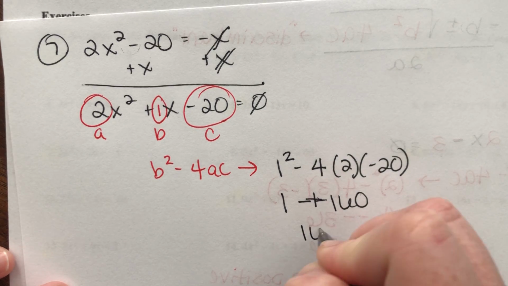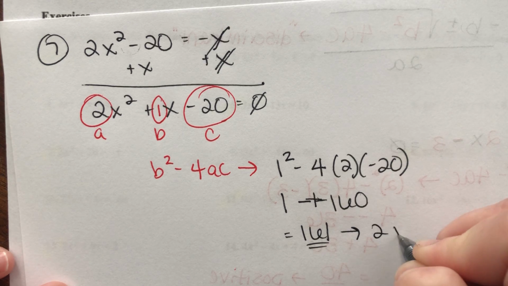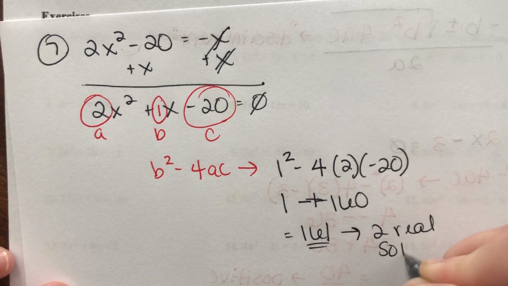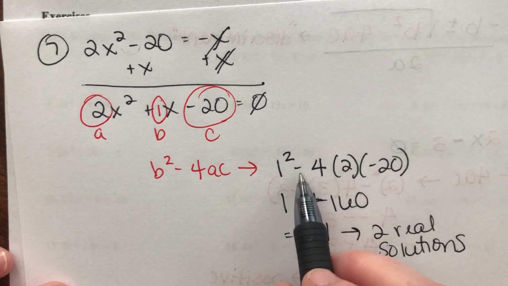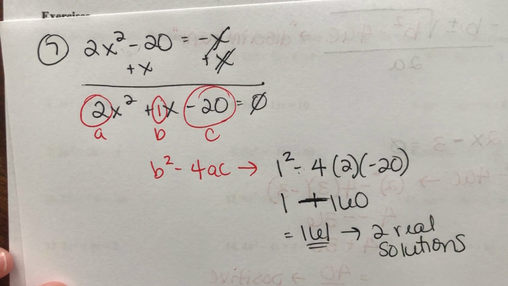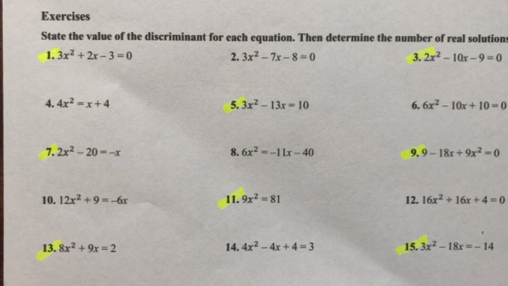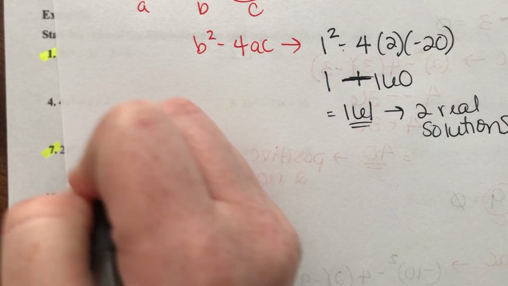So I get 161. That's positive, so that means I have two solutions. Okay, hopefully that's making sense. It looked for a second like it might go negative, but the double negative that became a positive here gave us a big number. Okay, then I've got number 9, negative 18x plus 9x squared.